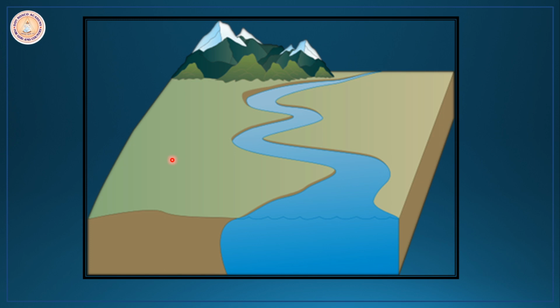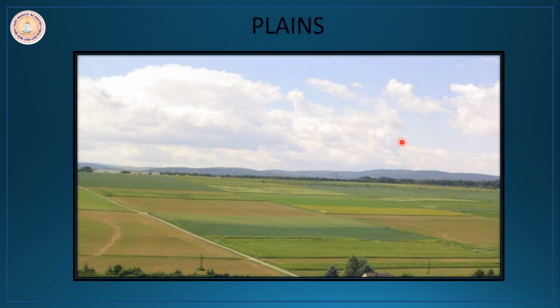They are also favorable for development of communication because of being very flat. Plains provide us with favorable conditions for plants and animals to live as well as human settlements. Since these areas are flat, we find settlements and houses coming up in large numbers.